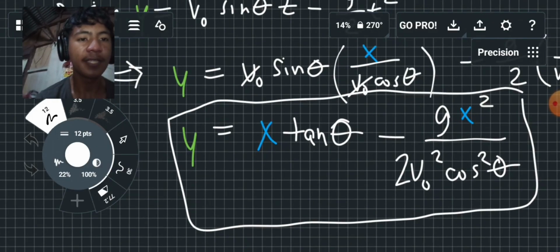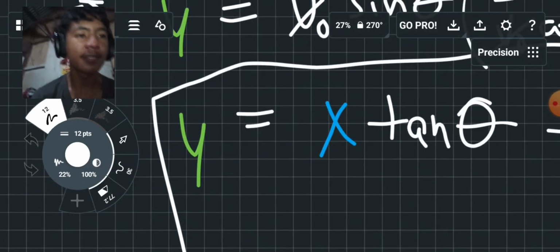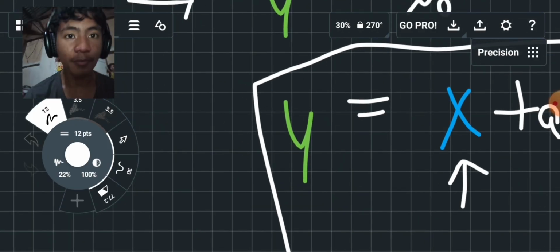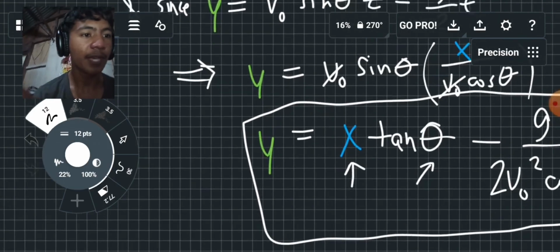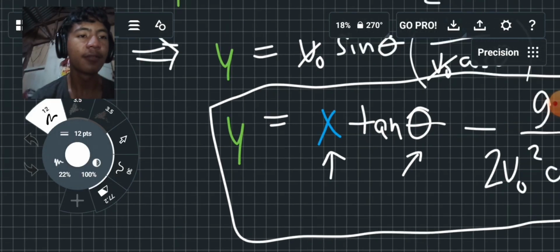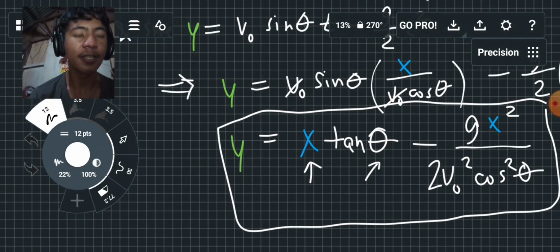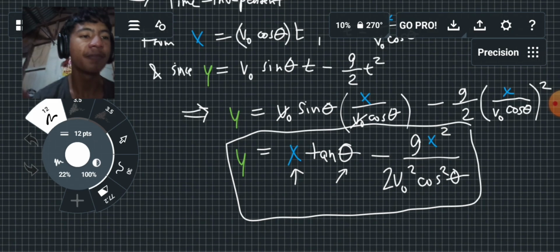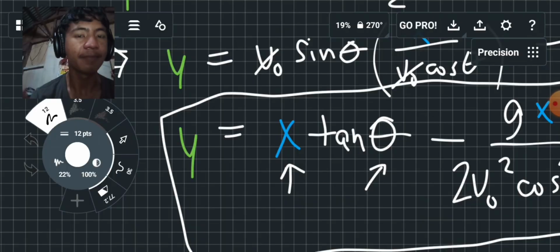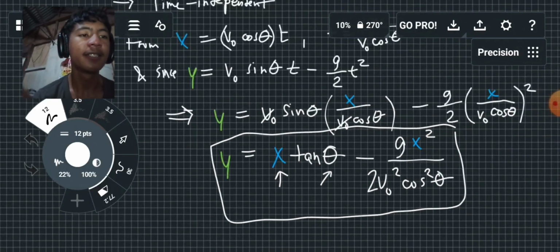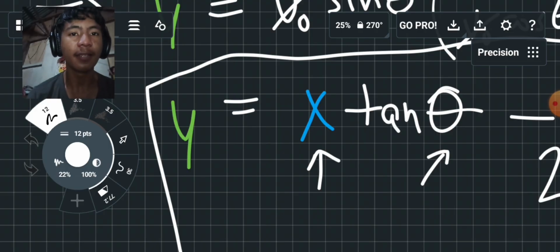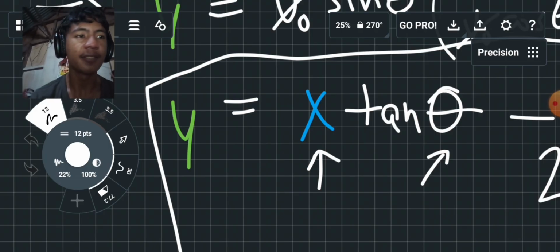So with this, we can just have our angle and our x, and we can know what y will be in any projectile motion. You don't need time, okay? As long as you are provided x and angle, of course.